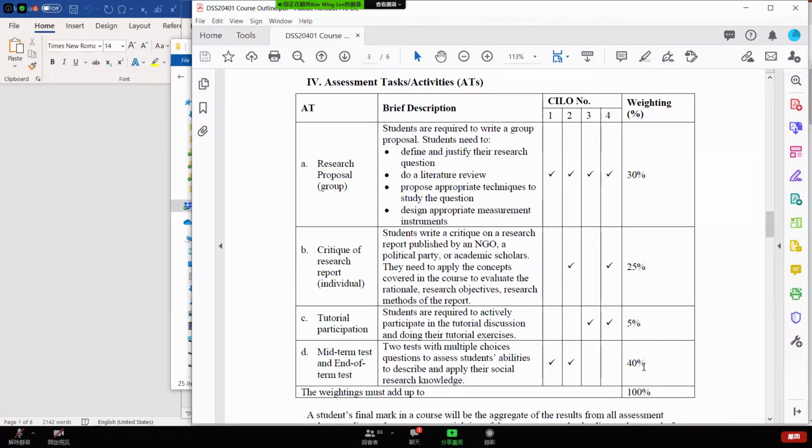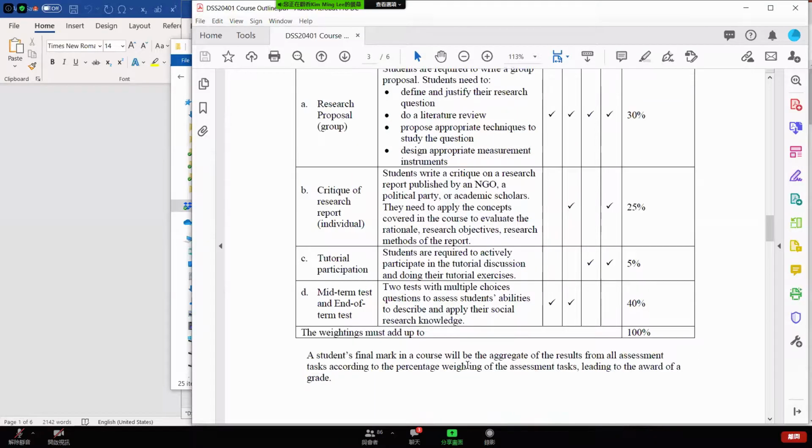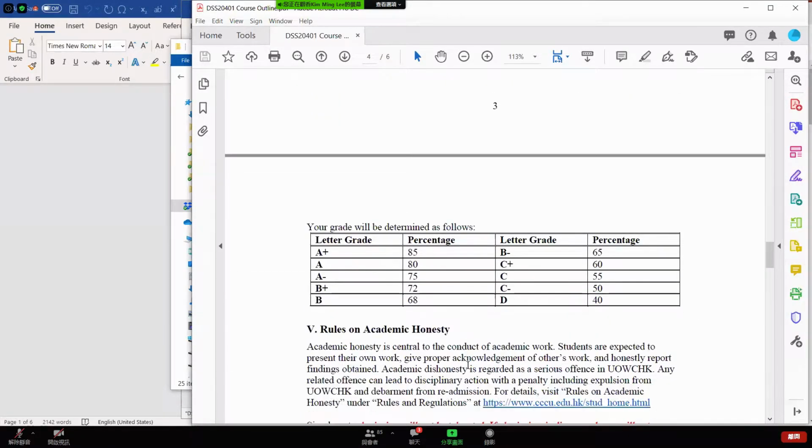So this is 40%, and the test will be a multiple choice question, online multiple choice test. So this is the grade. This is common, I think, to all of you, because you are E2 students and you know how the grading works. If you get 85 or above, you will get A+.